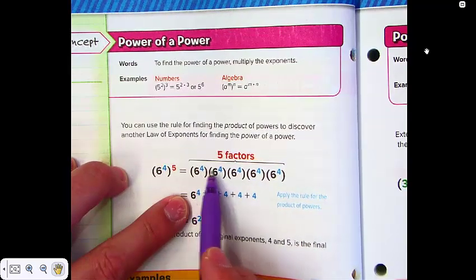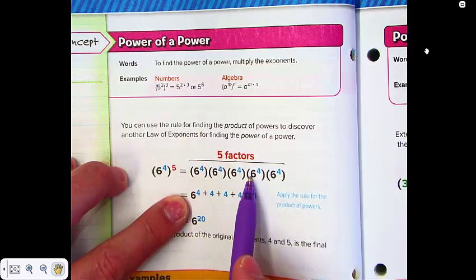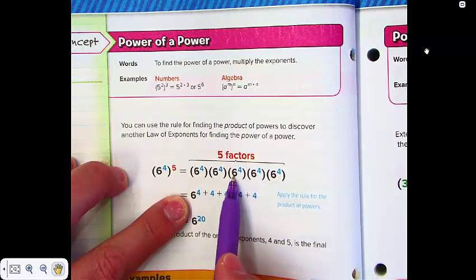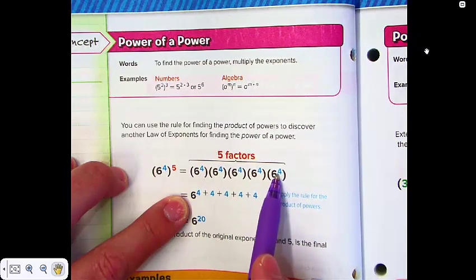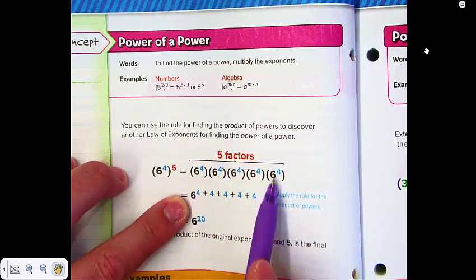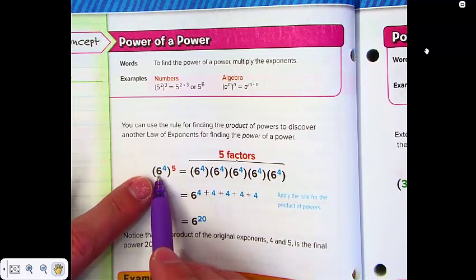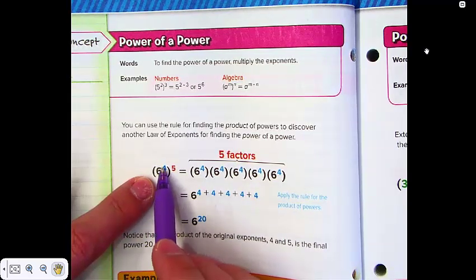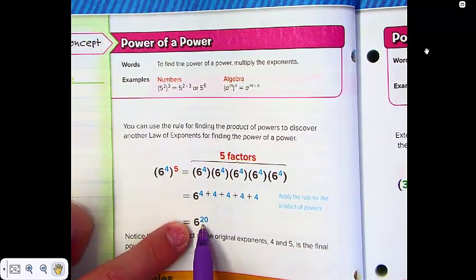Which then, if we added up all these, because now we have bases in between the exponents, so if we have bases in between, we add. So 4 plus 4 plus 4 plus 4 plus 4. That gets us to 20. All right? Or a quicker way to do it, if you see that this is raised to the 4th power and that's raised to the 5th power, 4 times 5 is also 20. Either way, you should be getting right here.